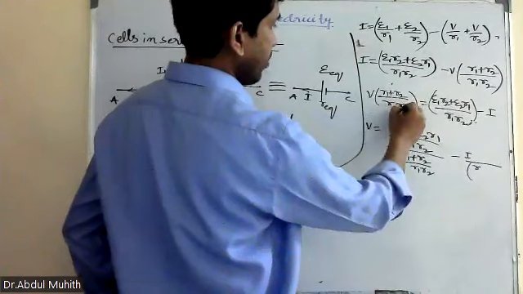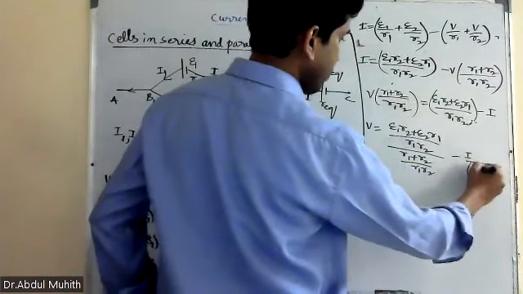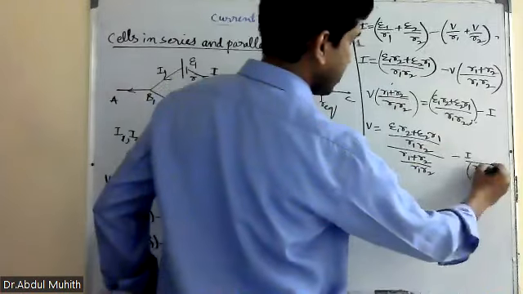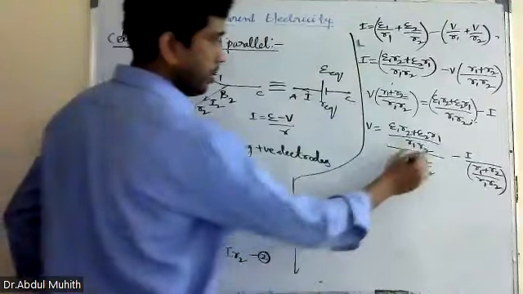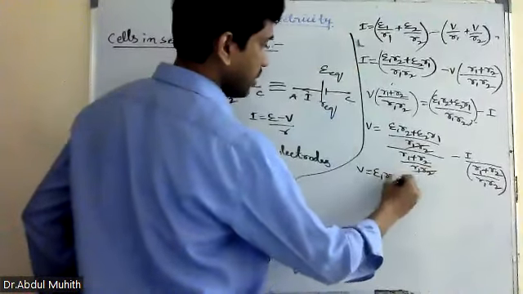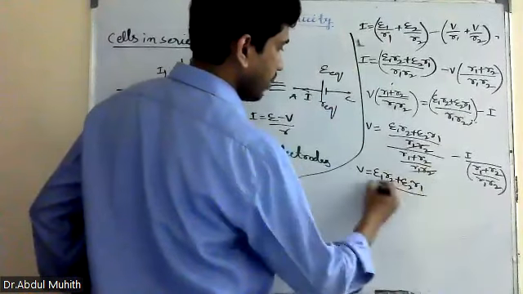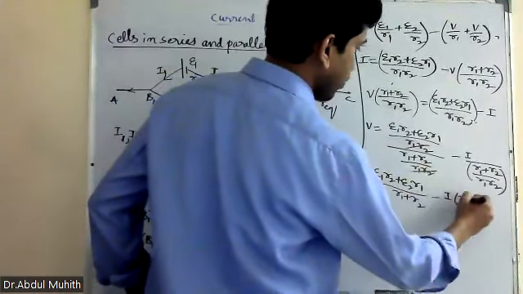Again R1 plus R2 divided by R1 R2. Okay. So what will happen? This and this will go away. V is equal to E1 R2 plus E2 R1 divided by R1 plus R2 minus I into R1 R2 divided by R1 plus R2.